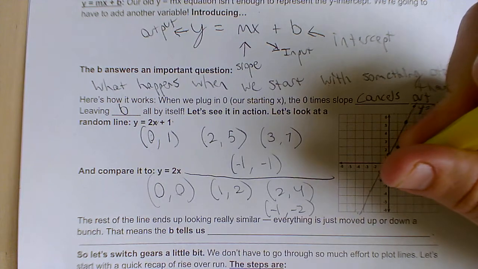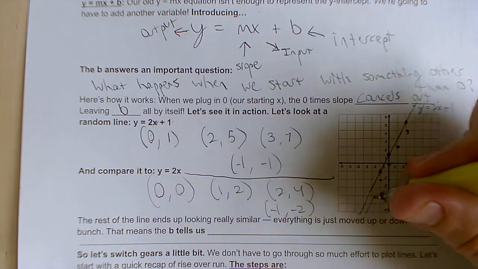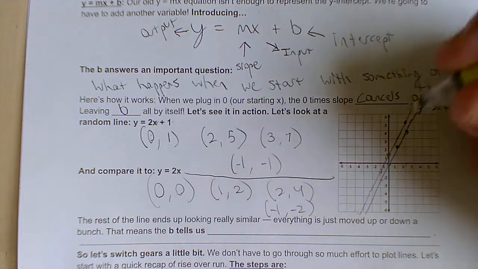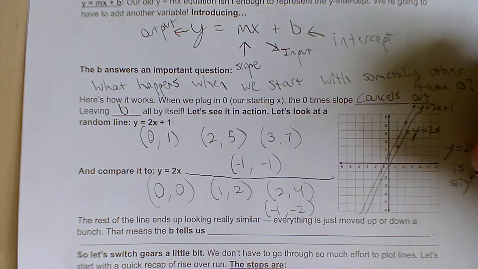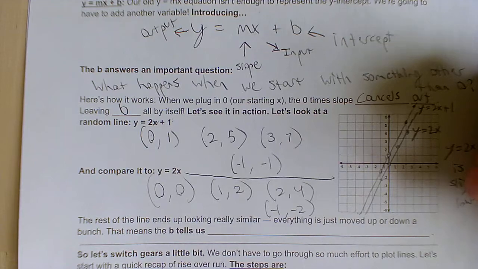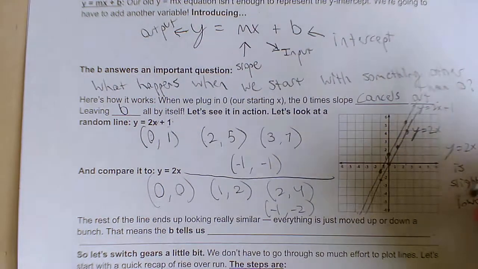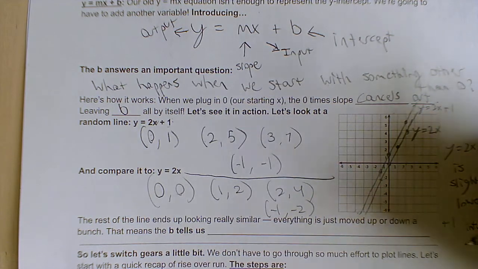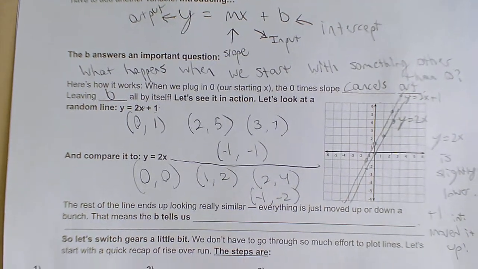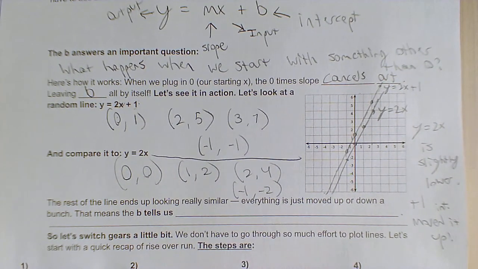You'll see that our y equals 2x line is slightly lower. Because this +1 has moved it up. The +1 intercept moved it up. So the rest of the line ends up looking really similar. Everything is just moved up or down a bunch.